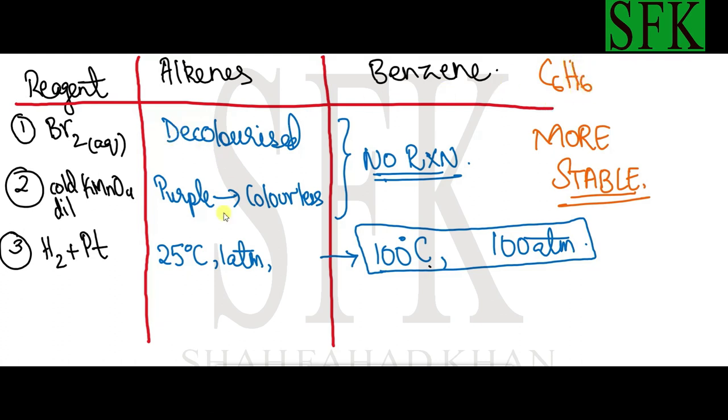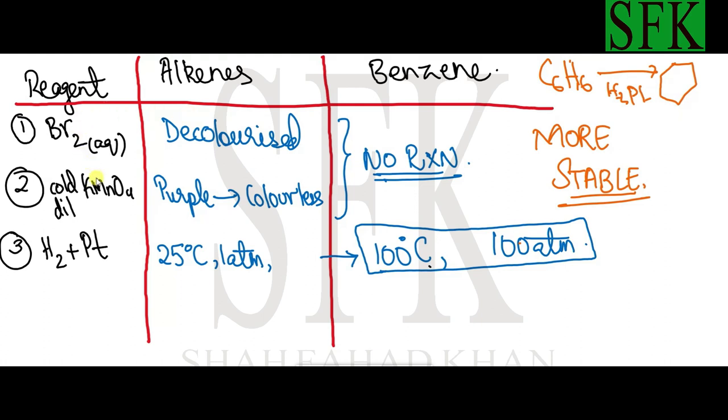So that's why the very harsh conditions of 100 degrees Celsius and 100 atmospheric pressure are only enough to convert benzene to an alkane. Basically, when benzene gets hydrogenated in the presence of platinum catalyst at 100 degrees Celsius and 100 atmospheric pressure, it will get converted to cyclohexane, because hydrogenation occurs and all the carbon-carbon double bonds are hydrogenated and converted into a cycloalkane, which is cyclohexane.